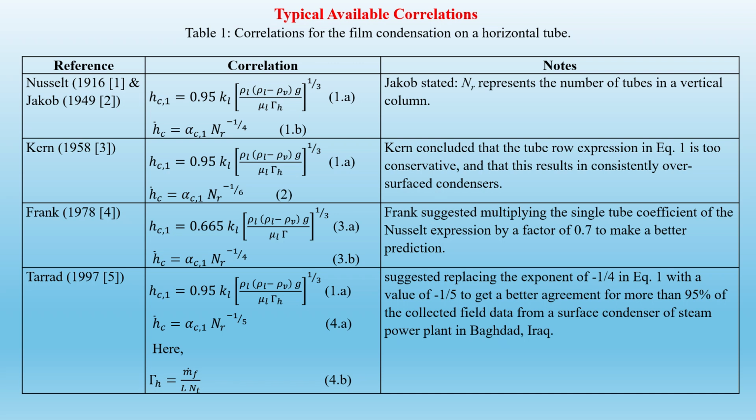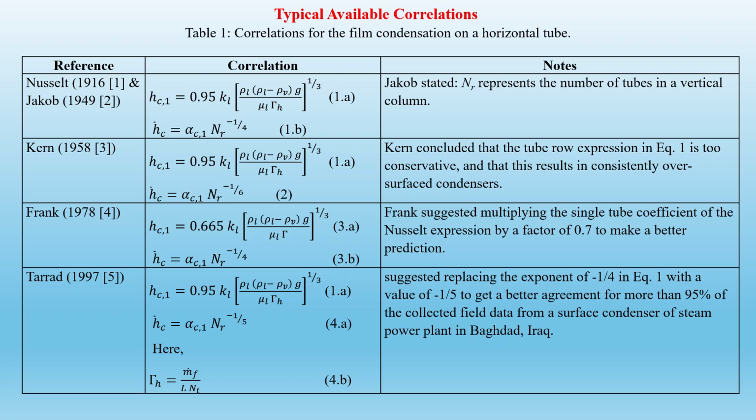And he said that the presentation of Jacob with equation 1b is really conservative and will predict low heat transfer coefficient, which overestimates the surface area of the condenser.